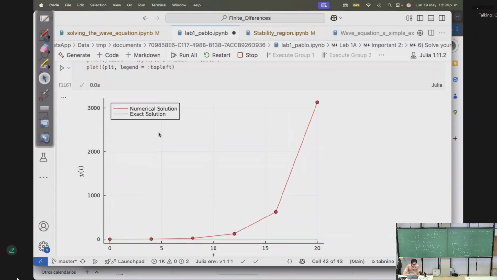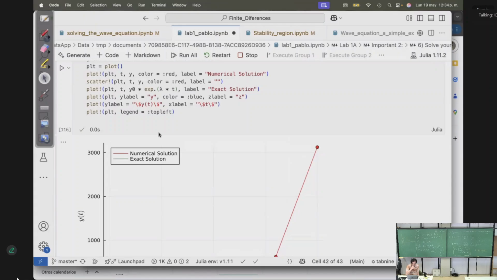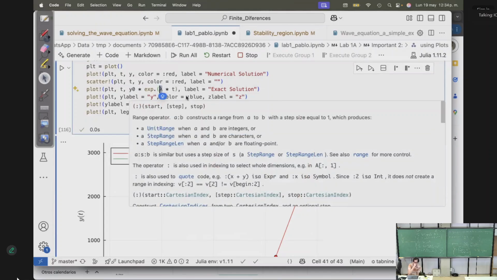So this is the importance of the stability region, okay? And there is no one delta t value for all problems. It also depends on the problem that you are trying to solve, right? Because it will depend on locally what the lambda value is.